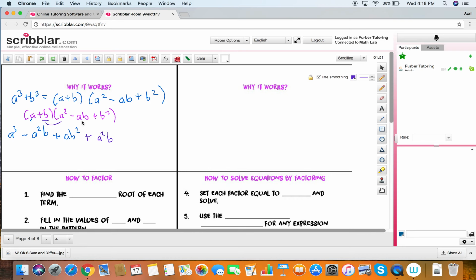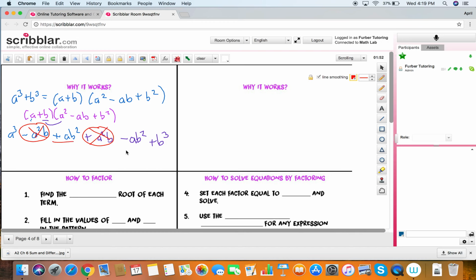B times negative ab, that's going to be negative ab squared. And then b times b squared is positive b cubed. So look what cancels. Here's a negative a squared b, and here's a positive a squared b. Those cancel.